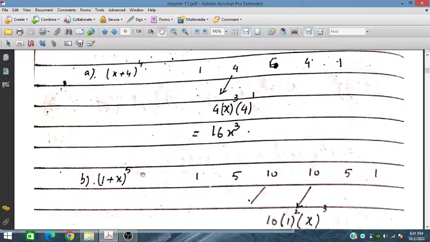So similarly for this one we have 5 here, so we have 6 terms here, 1, 2, 3, 4, 5, 6. And for the second term it would be x. Here we have x0, here we have x1, x2, and here we have x3.